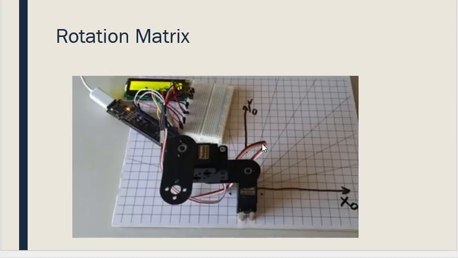This is the revolute joint. According to x0, y0 is the initial position. When we displace or work, it goes to another coordinate system, and then we can generate x1 and y1.